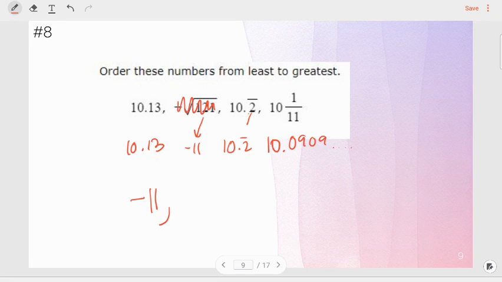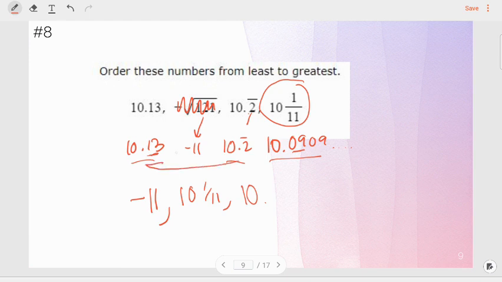Now I'm comparing these 3 values that start with 10, so I want to make sure I have the next smallest decimal. So 0.09 is smaller than 0.3. So 10 and 1/11. I'm going to go back and rewrite them in their original form. Then what's next bigger? 1.3 is smaller than 2, and that repeating 2.